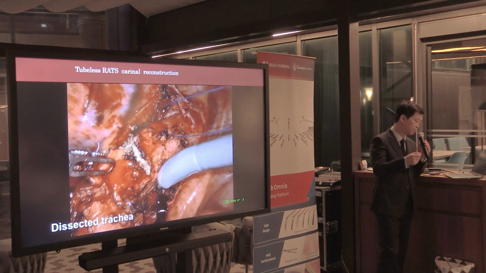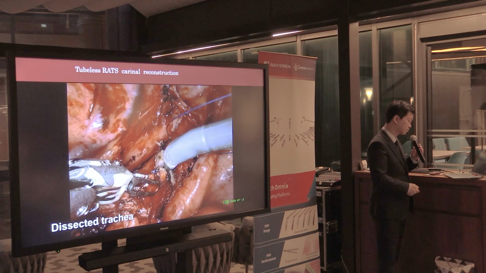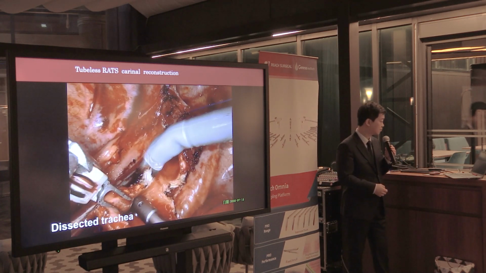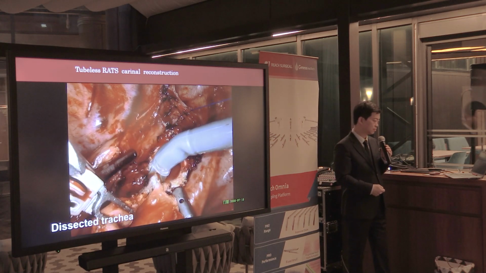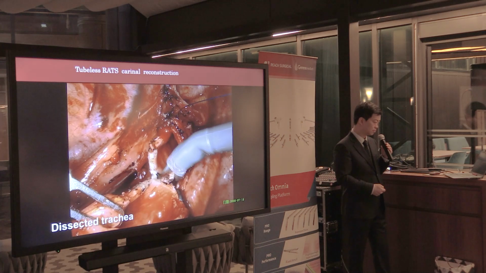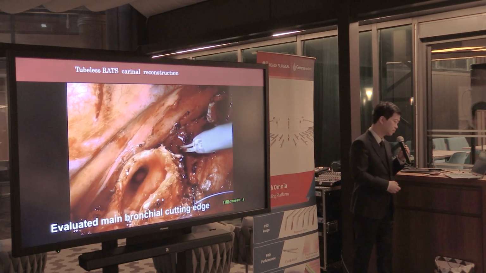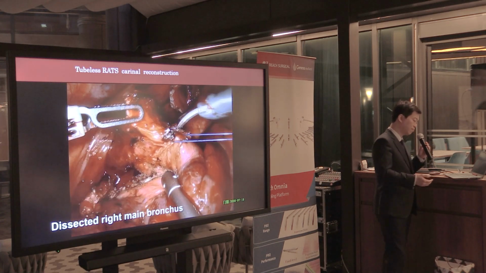Now, with the first step, we dissected the distal trachea. And after that, the second step, we dissect the right main bronchus.